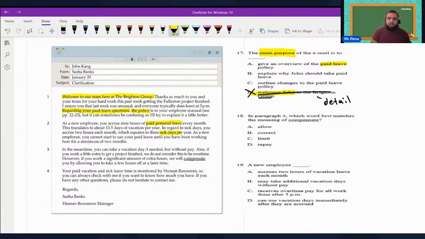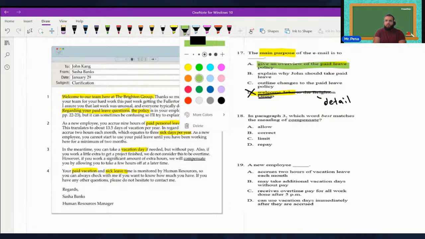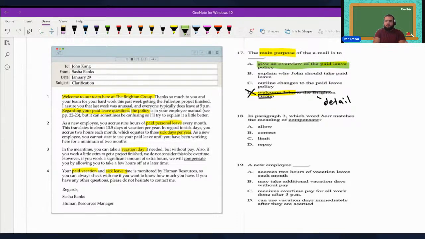Then it talks about sick days per year. Then it talks about a vacation day. Then it talks about paid vacation and sick leave. So I think the entire email is mostly about giving an overview of the paid leave policy. That's my gist. The answer is A.